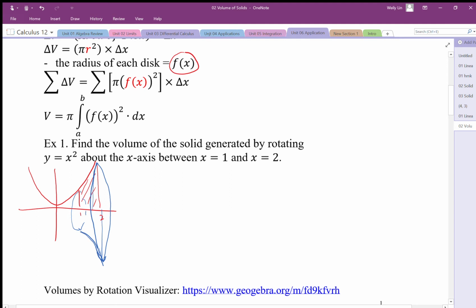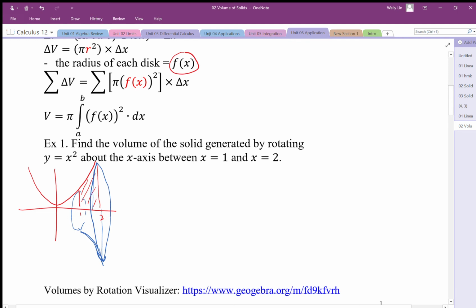I've given you a better visual in the animation that you're going to see next. But there it is. We're going to take this area and rotate it to give that volume. To calculate this volume, we take each one of those slices as a circle. We're going to slice every circle here.